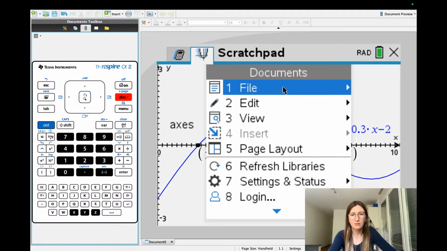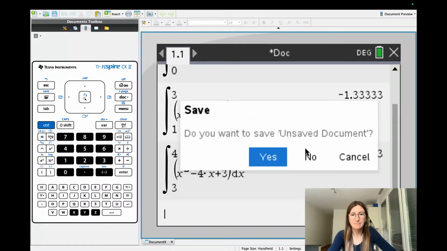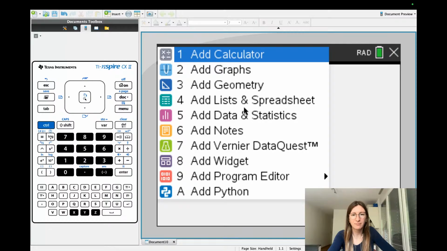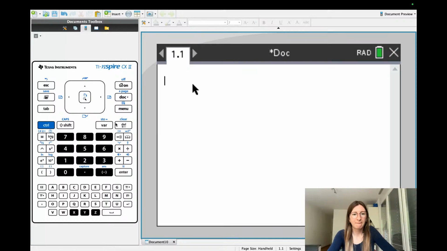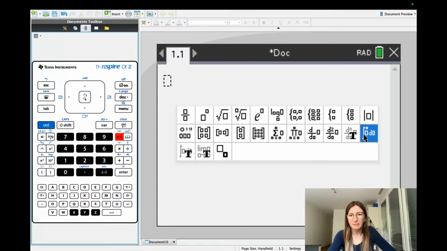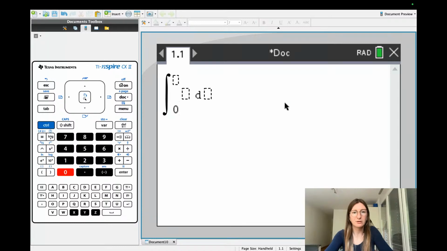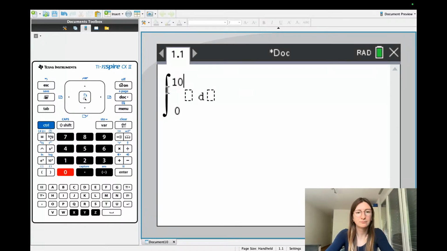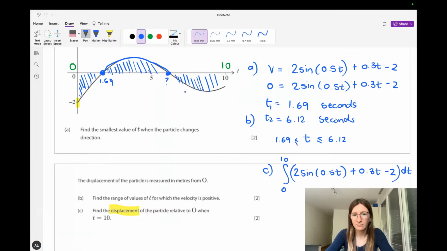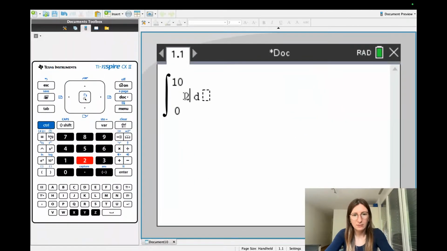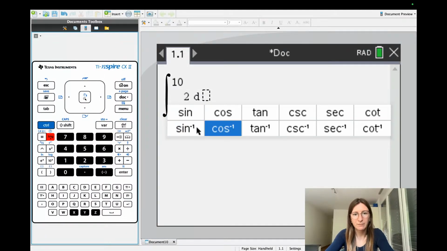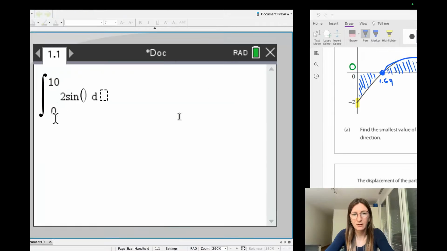We want. I'm going to take my integral again from 0 to 10. Gosh, this is going to take a while. 2. Should have actually copied it across.